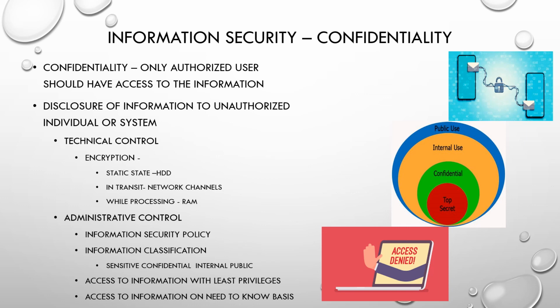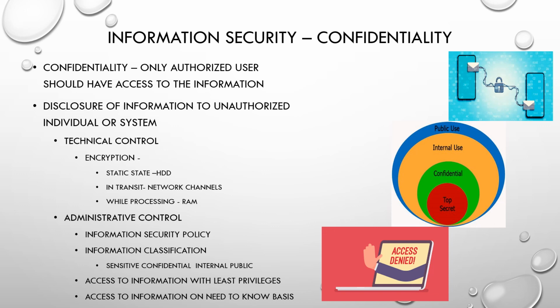Once the information classification is done, accesses are given using the least privilege principle, that is, only required accesses are given, not all accesses to all users. The accesses are granted to the user based on their profile. Another principle is that access to information is given on the basis of need to know privileges.